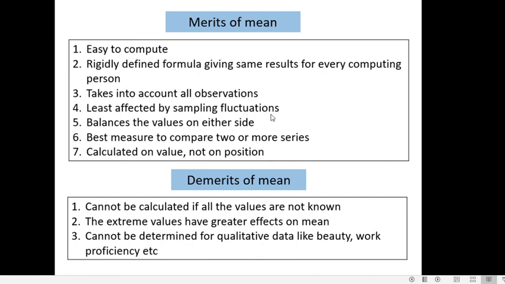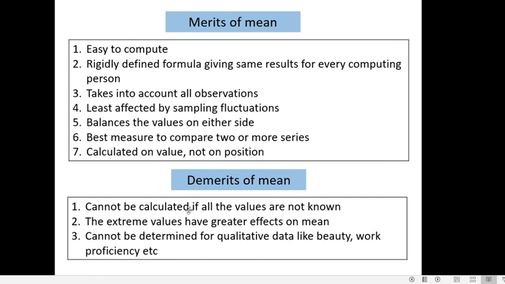Median and mode will differ according to the sampling fluctuations, but mean has a lesser tendency to differ. Then it balances the values on either side, and it is the best measure to compare two or more series. It is calculated on value, not on position, whereas median is based on position. It is the positional average. So these are the merits of mean.